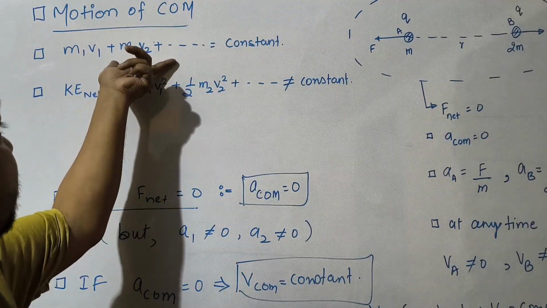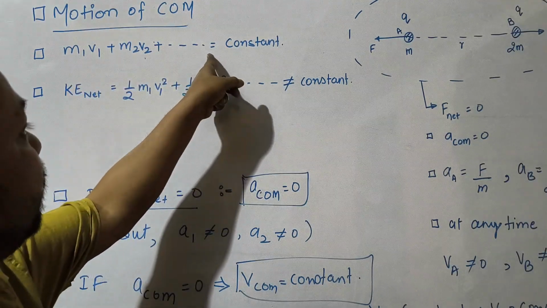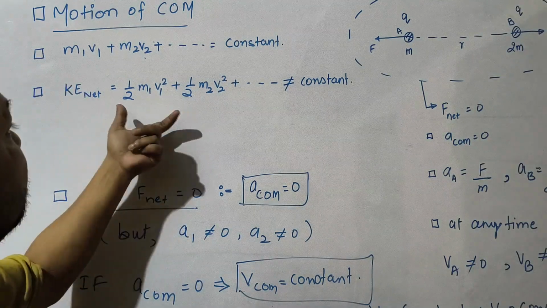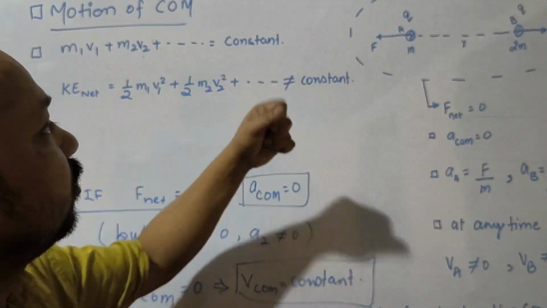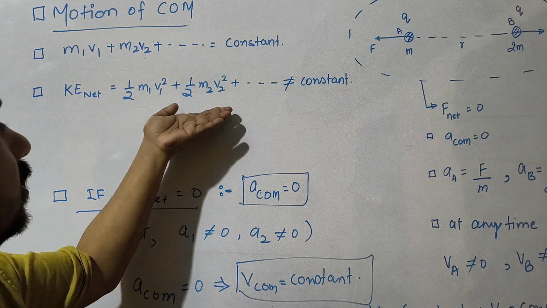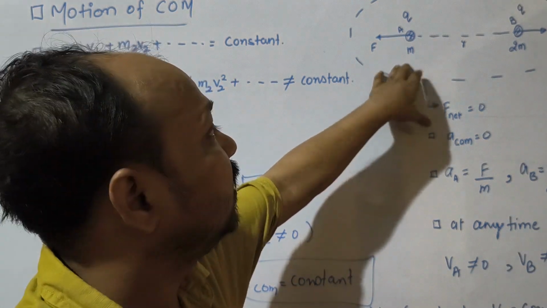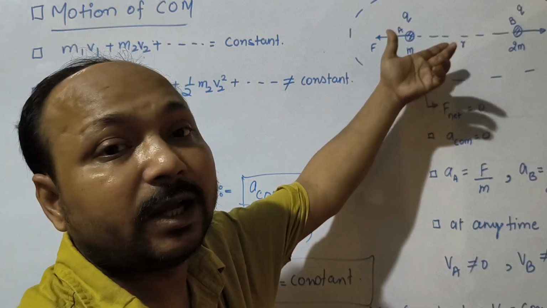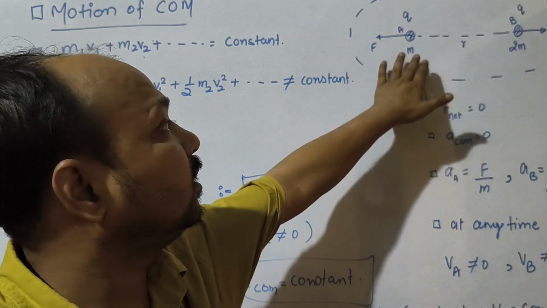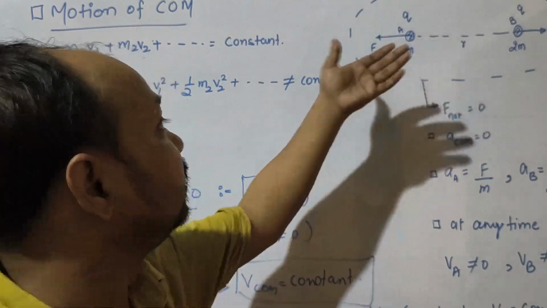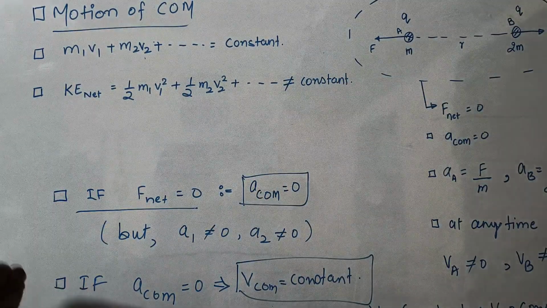So the net momentum will be conserved, but the net kinetic energy is not conserved or constant. How do the particles get kinetic energy in this case? Because of their individual electrostatic potential energy, due to which they get their kinetic energy.